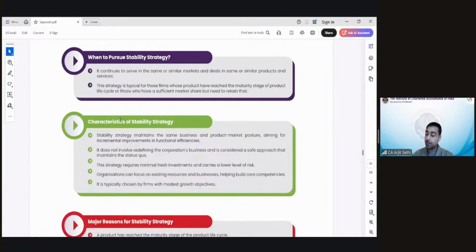It's growth. What about LG? Do you think LG is growth strategy or stability strategy? Stability strategy. Sarang says growth, maybe.